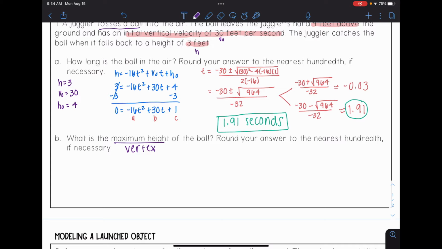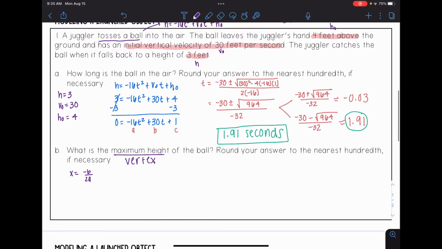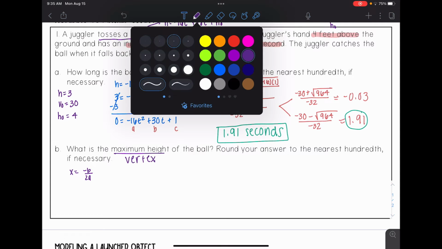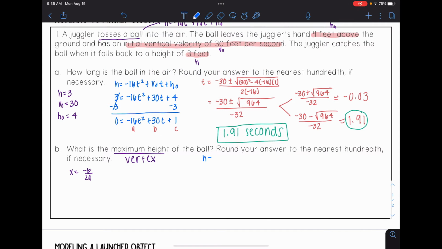And so remember that the x value is going to be the opposite of b over 2a. And here my function, again, was, let's write it over here, h equals negative 16t squared plus 30t plus 4.